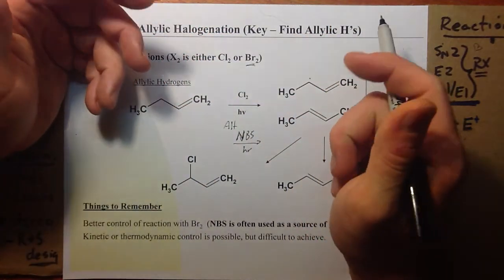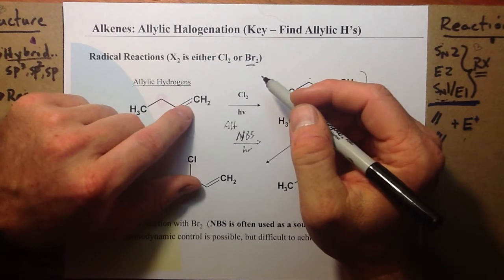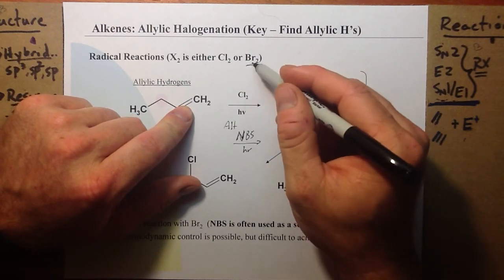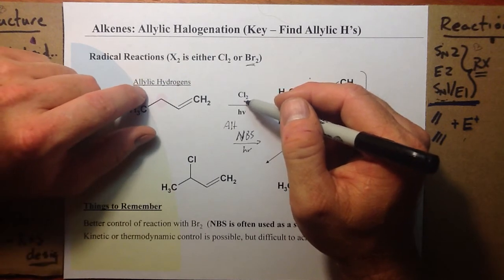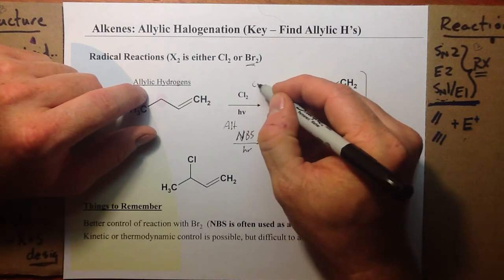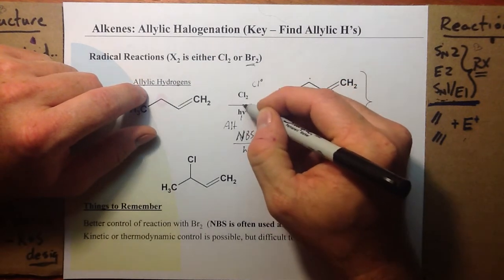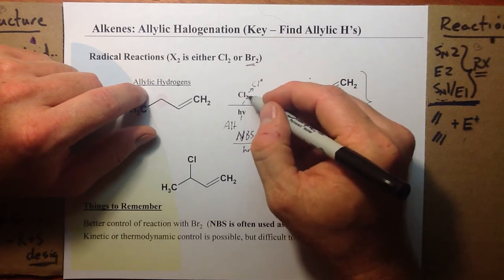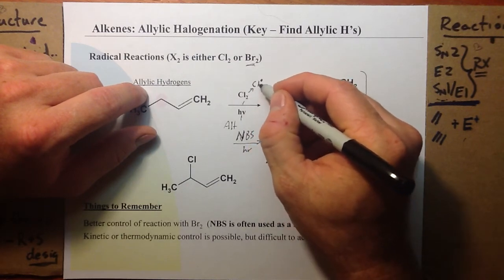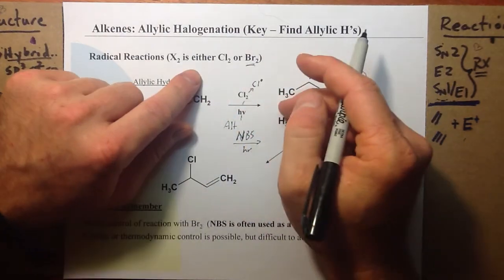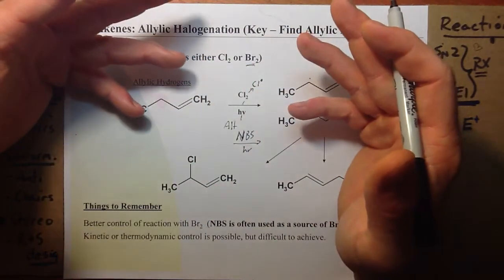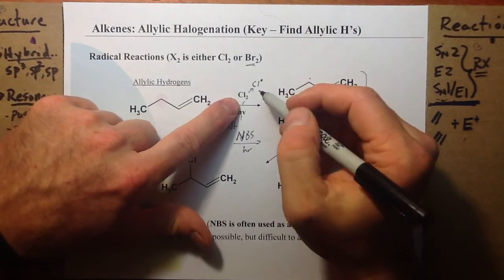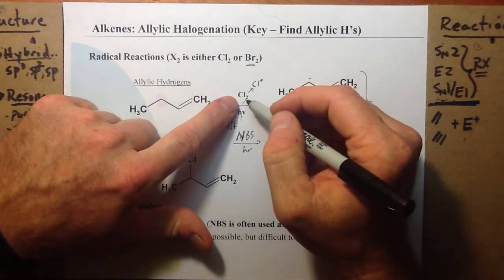Why would that be bad? Well, because we could have an electrophilic addition of Cl2 or Br2, and we don't want that. We want to create as much as possible Cl radicals by the interaction of light with this Cl2. Cl radicals dissociated, a homolytic cleaving, and have these Cl radicals dominate the reaction, not Cl2. So we want more of this and less of this.